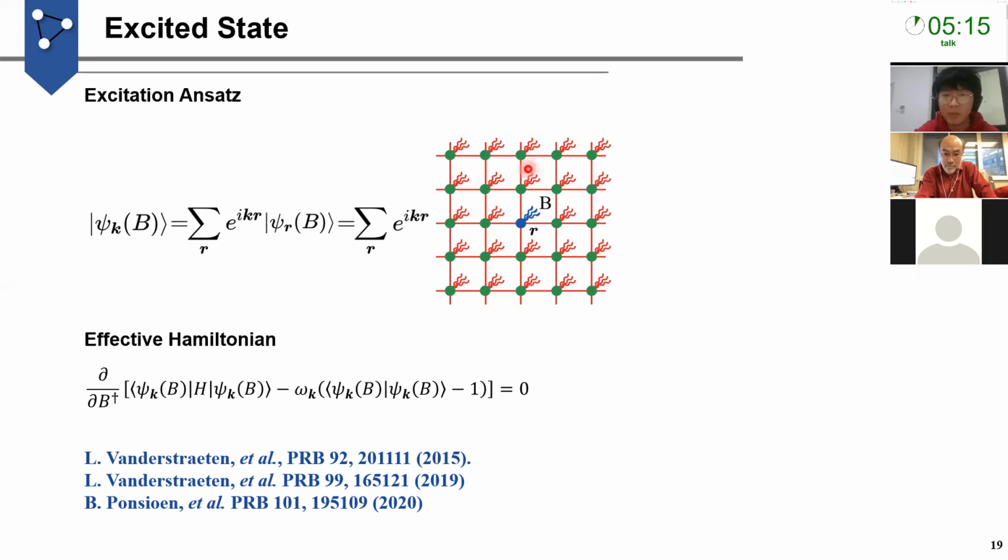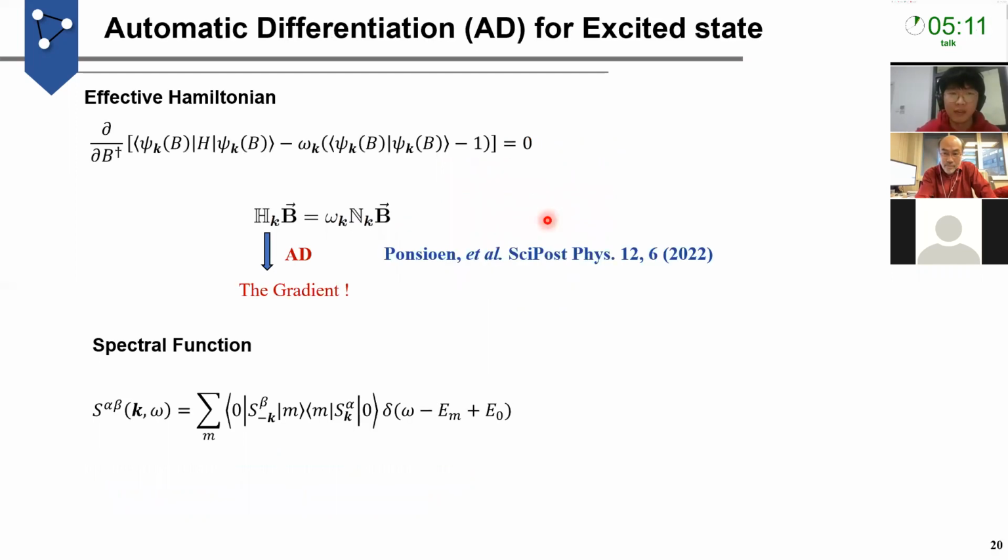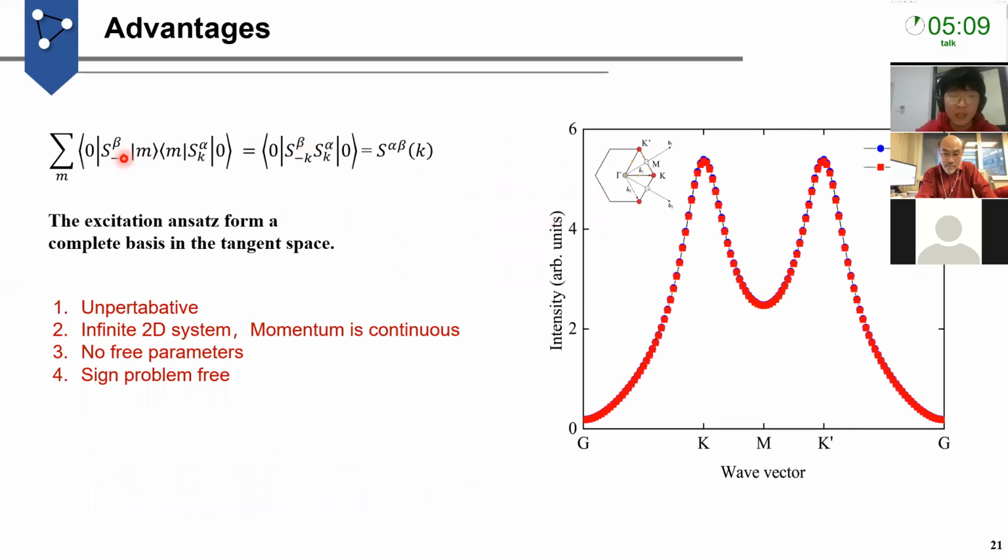And this is a non-perturbative method, based on non-perturbative calculation. And I have said that this method satisfies some rules. It means the excitation ansatz forms a complete basis in the tangent space. You know, the single operator acting on the ground state, like S alpha K on the ground state, is a component in the tangent space, and our ansatz forms a complete basis in the tangent space.